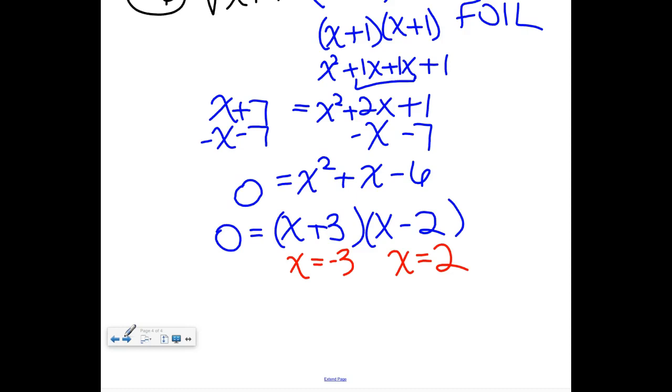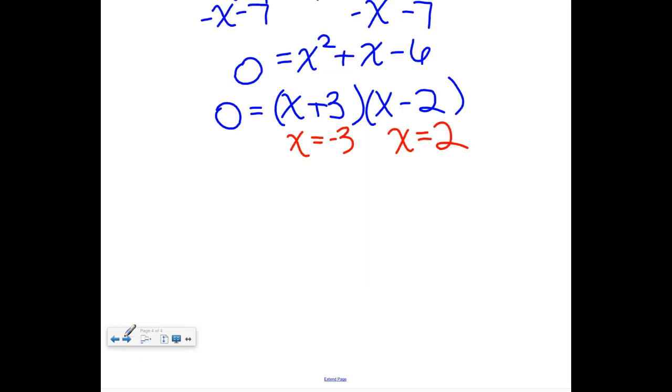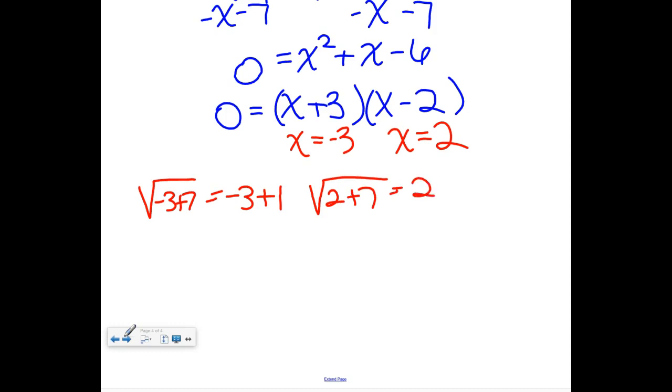Okay, so now we have to check for extraneous solutions. So I'm going to go back to my original problem, and we're going to plug in our 2 answers. So I'll plug in that negative 3, so I have the square root of negative 3 plus 7, equals negative 3 plus 1, and we'll have the square root of 2 plus 7, and 2 plus 1.